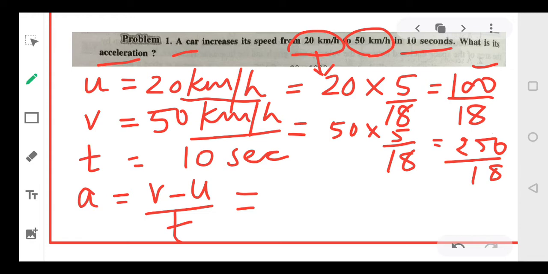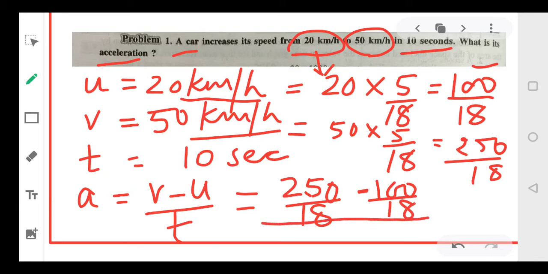What is V? 250 upon 18. What is U? It is 100 upon 18, right everyone? And T is 10 seconds. I hope you remember.